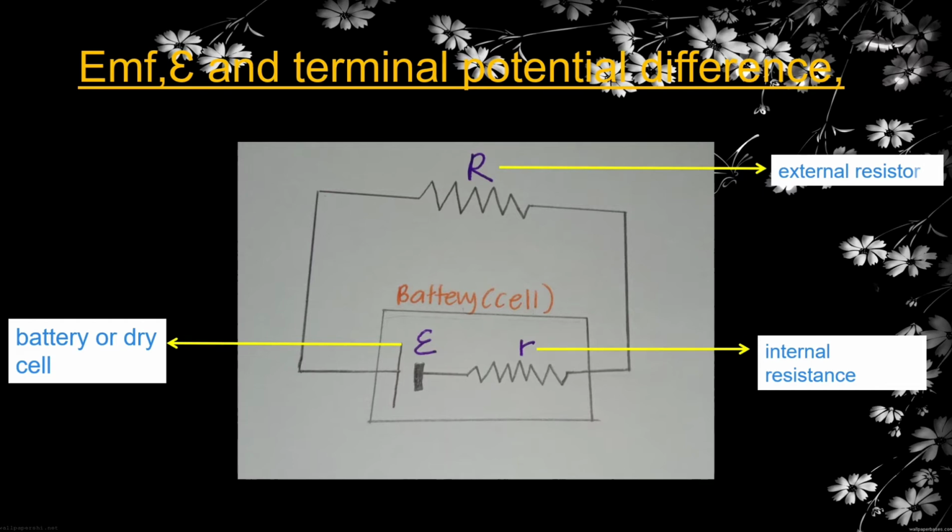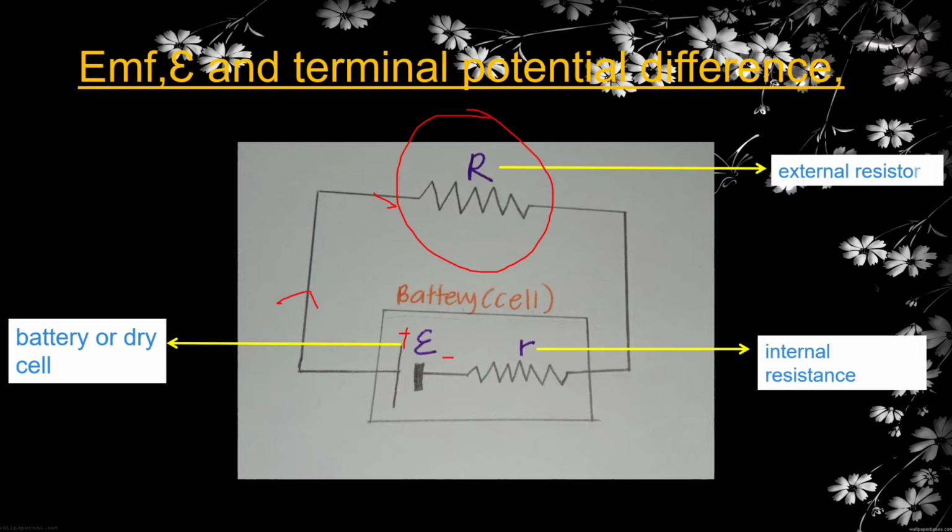Kerja dilakukan untuk membawa satu unit test charge dari negative terminal of the battery to the positive terminal of the battery, through the external resistor. Only the external resistor is involved.